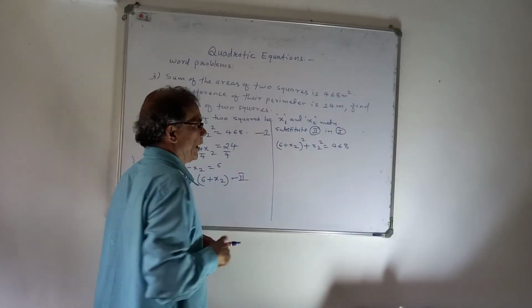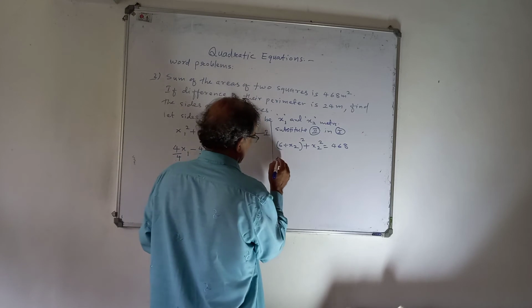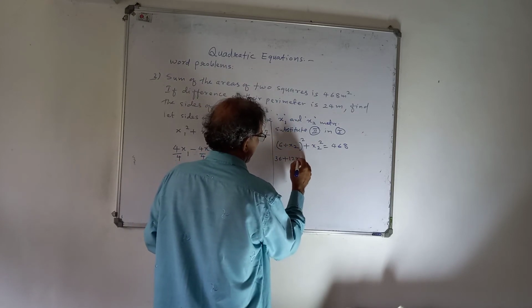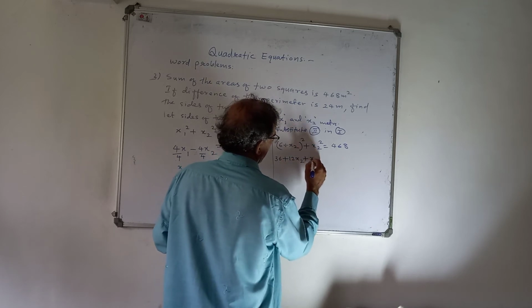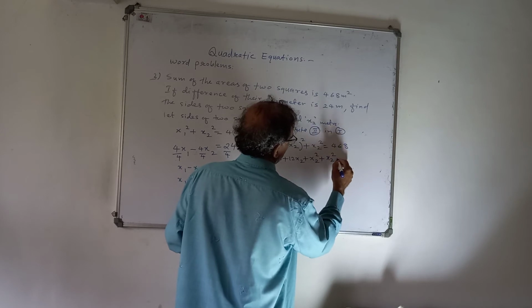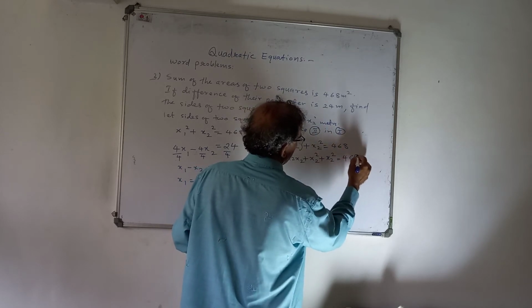Now here we have to use identity. A plus B whole square: 6 square 36 plus 2 into 6, 12x2, plus x2 square, plus this x2 square should be equal to 468.